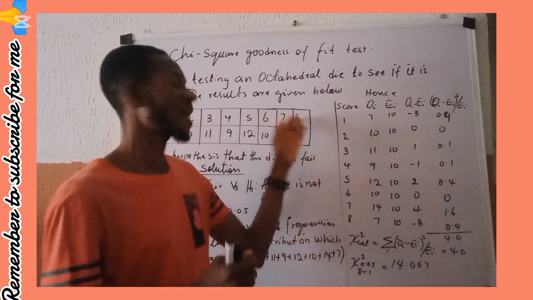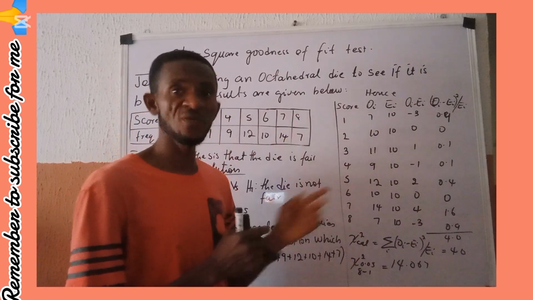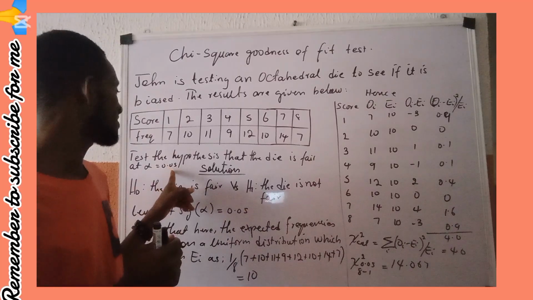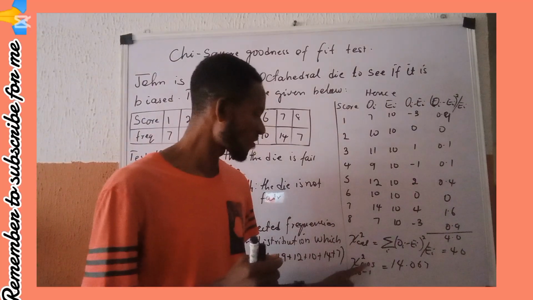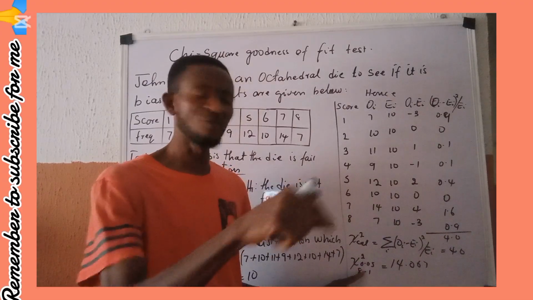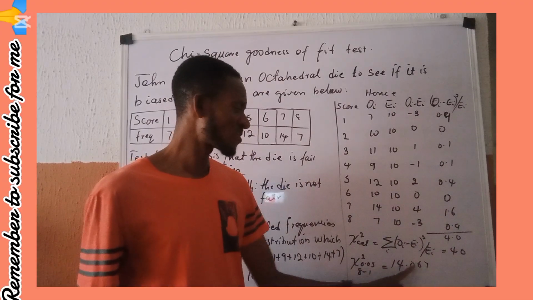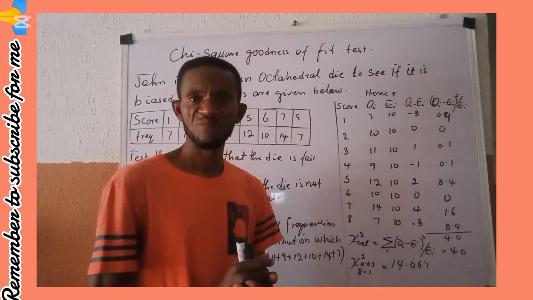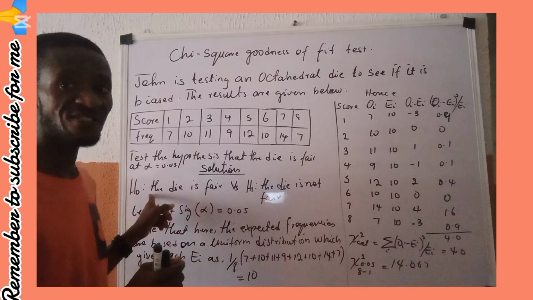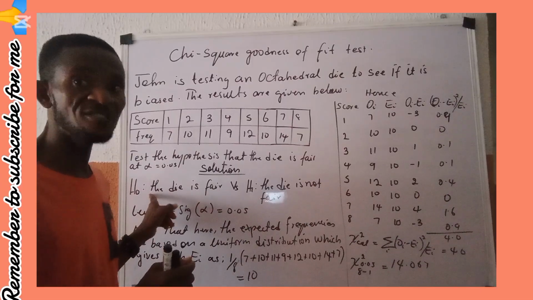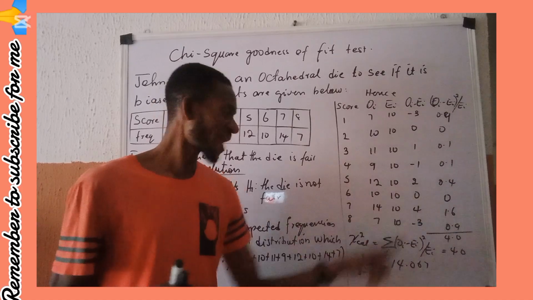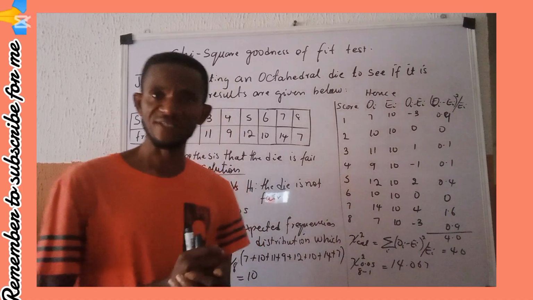So the number of the classes we have here is 8. 8 minus 1 will give us 7. And then the level of significance we have here is 0.05. So chi-square of 0.05, 8 minus 1 which is 7, from the chi-square table, is going to give you 14.067. And we can only reject this null hypothesis that says that the octahedral die is fair if and only if the chi-square calculated is greater than the chi-square tabulated.